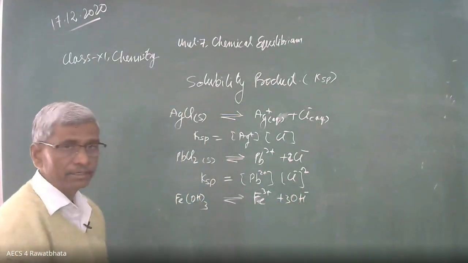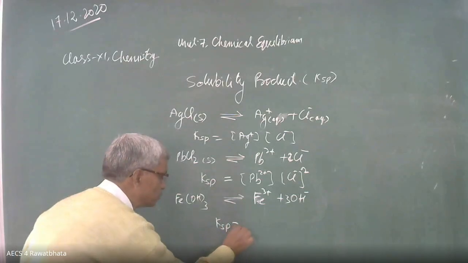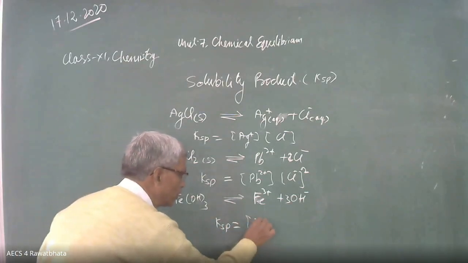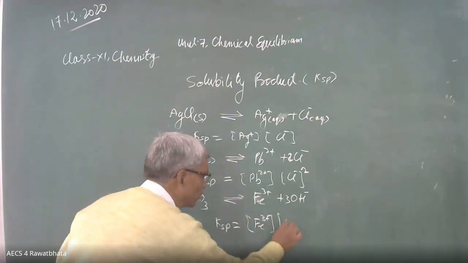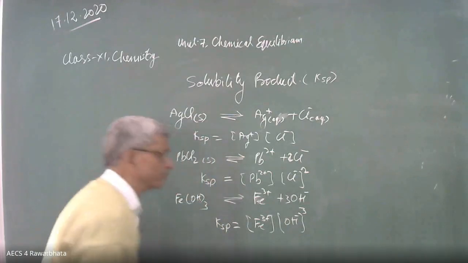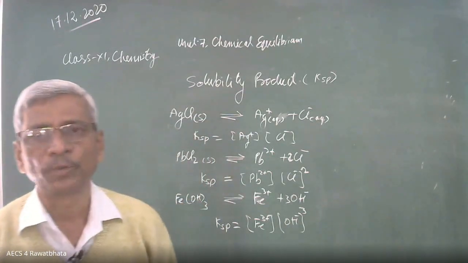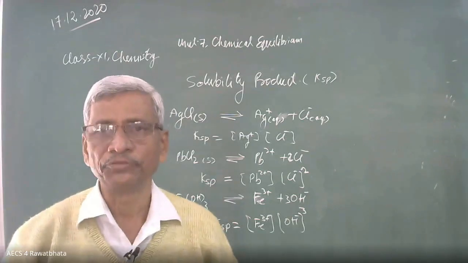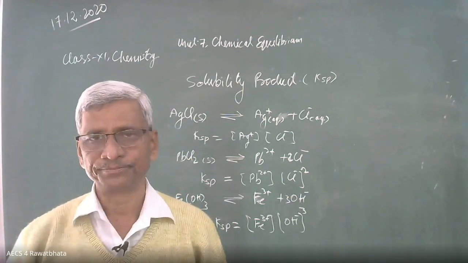Then what is the expression of the solubility product Ksp for this? Ksp is equal to the molar concentration of ferric ion, Fe3 positive, times the molar concentration of OH minus raised to power 3. Because the OH coefficient is 3, that's why raised to power 3. This is the way to express the solubility product.